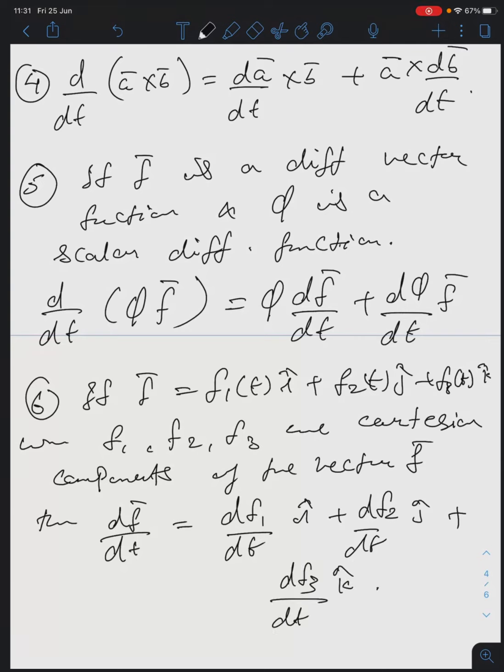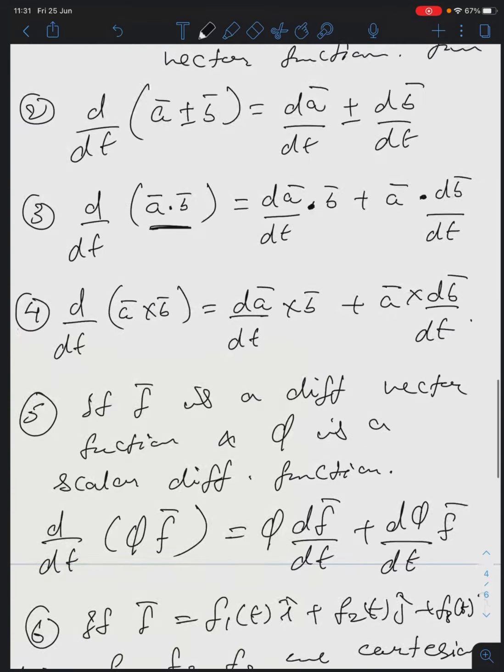Understood all these properties? Again, these properties are nothing new to you people. Only these two included, the dot and cross product between the vectors.